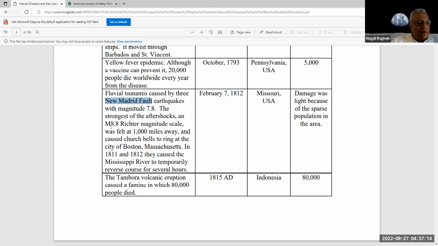It was basically an aftershock of 8.8 on what we are going to call the Richter scale. And 1,000 miles away, the earthquake affected the church bells in Boston, Massachusetts, and the bells on churches rang from the motion of the earth. Now, the damage in that case was very minimal because in 1812, the population density in that area was very low.